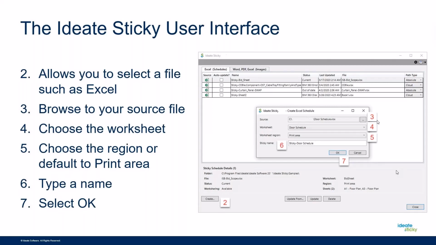Then you can choose the individual worksheet. I'm going to show you in a second: if you have an Excel file that has multiple worksheets, you can choose which one. Then you also have what we call the print area or the named region. So you can specify a number of cells that you want to bring in. It doesn't have to be the entire document. You can specify what you'd like. And then you select OK to place that on a sheet.